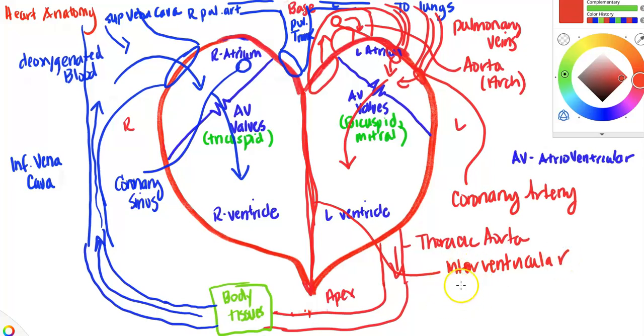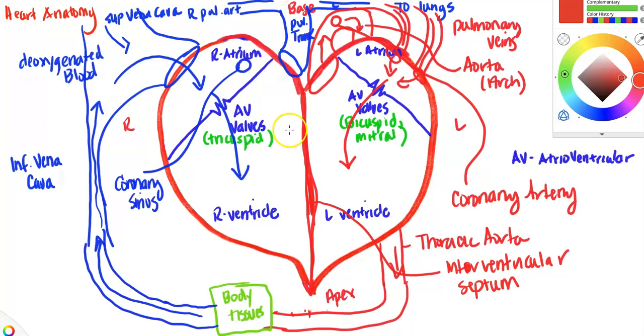And it has cardiac muscle in it. It's made out of cardiac muscle, and it contains the nerves that are going to stimulate the contraction of that muscle, which we'll talk about a little bit later.